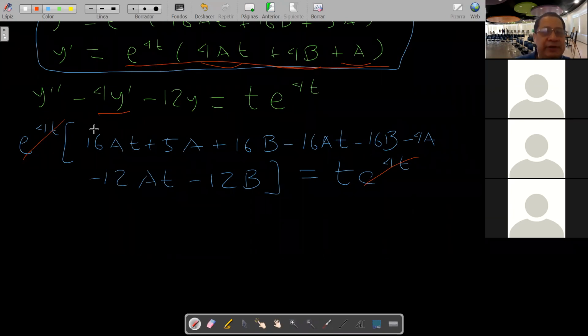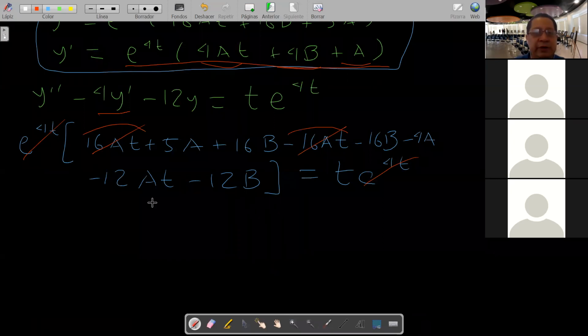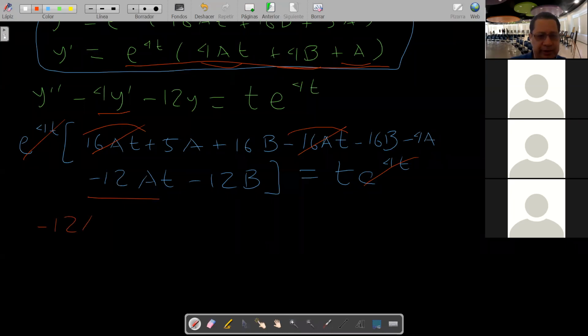All of the terms having a t cancel, and then we have just one term having a t. So this has to be equal to 1. So we have a value for A. Is that correct?